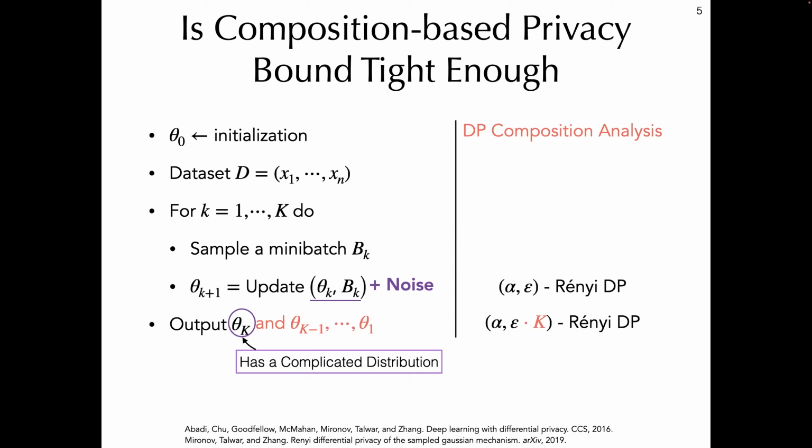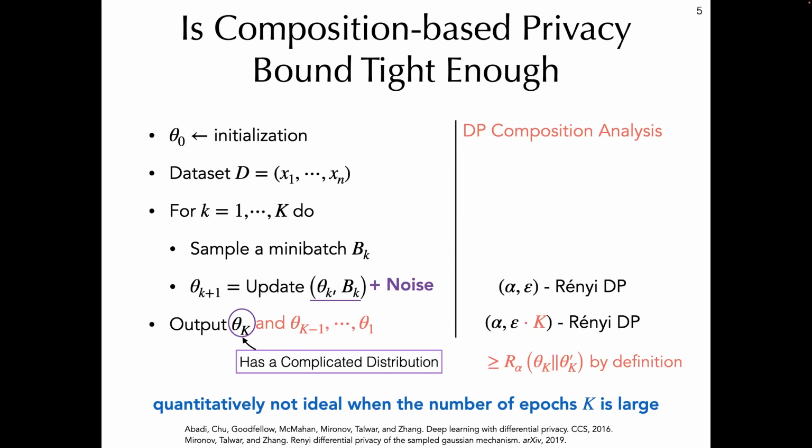By definition, this privacy cost for releasing all the intermediate models is an upper bound for the privacy cost of releasing the final model. However, this gap between adversary models also makes the privacy cost obtained by composition analysis grow linearly with the number of iterations k, and therefore it is not quantitatively ideal when you want to train for a large number of iterations.